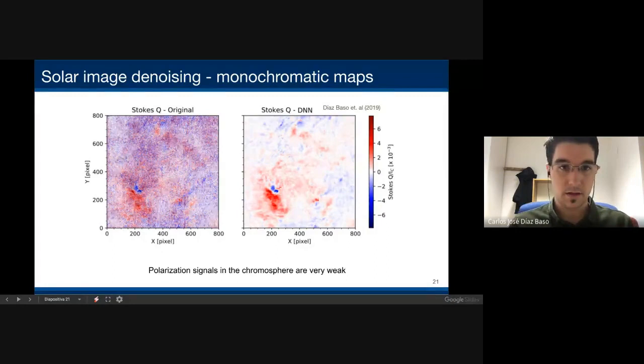But with GREGOR you will have a slit that is moving, and probably when you finish the scan and start again, the things at the beginning of one scan and the beginning of the next scan probably have a difference that is quite large for this assumption, where the main difference is the noise.